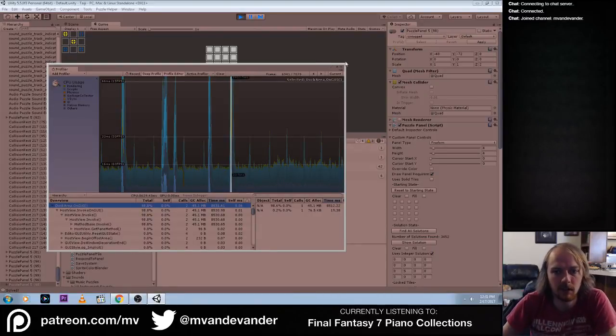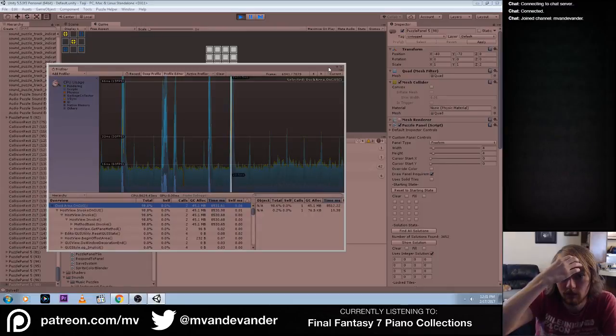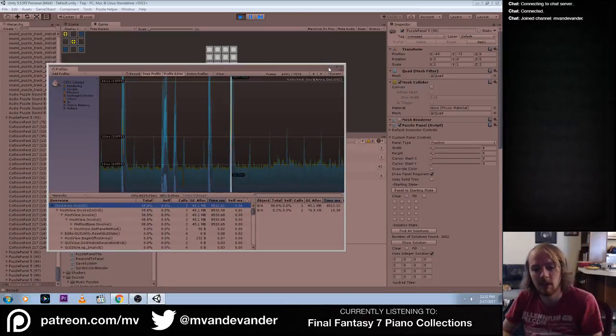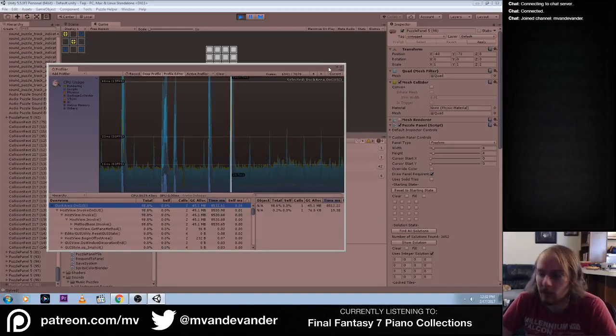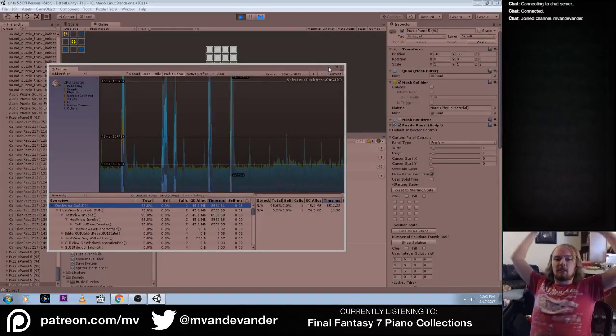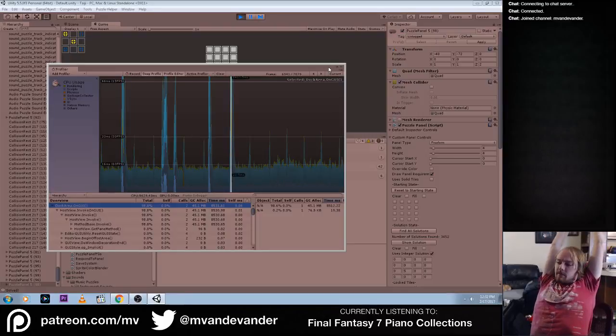Okay, so there's some time in the profiler. The weird thing is that I've got 45 megabytes of garbage collection allocation, so that leads me to believe that the real problem might be the garbage that I'm producing using the recursion.